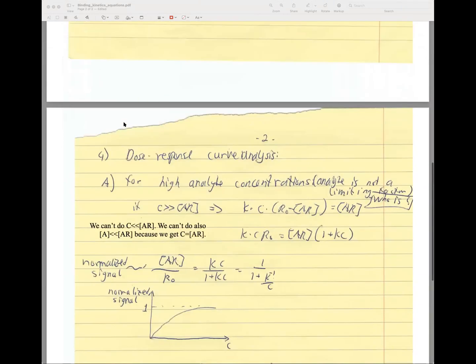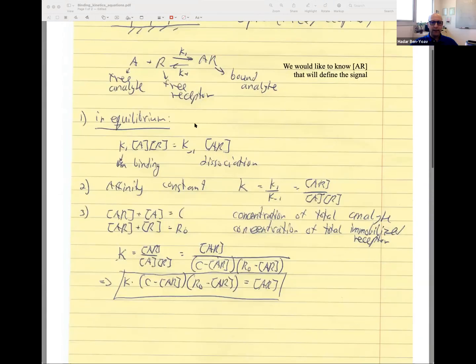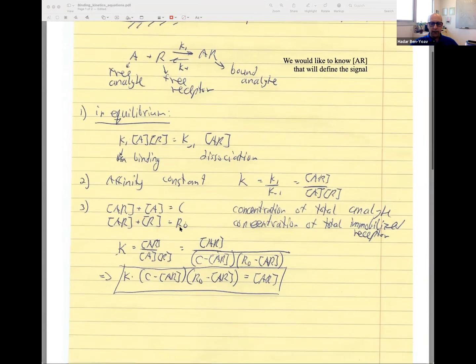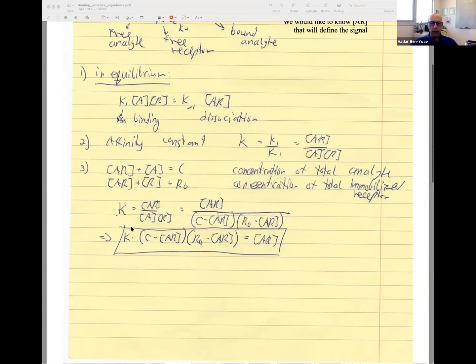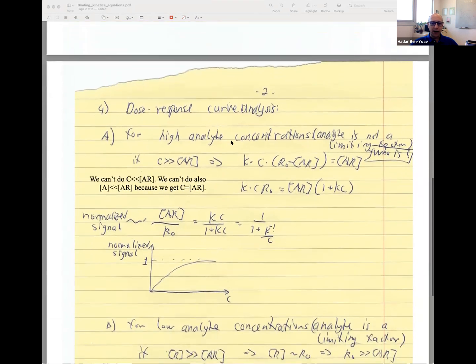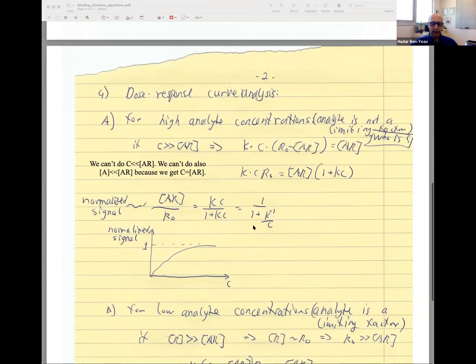So if we look again at what we have done, we wanted to describe the system of analyte plus receptor going into analyte-receptor bound, and we wanted to see how the signal AR depended on the concentration of the analyte. So we solved it in equilibrium, and we looked at two special cases. For high analyte concentration, we get this kind of dependence on the concentration.